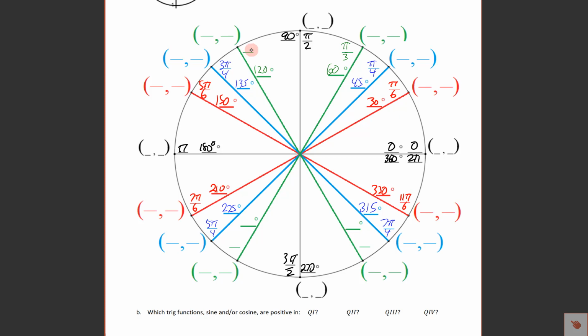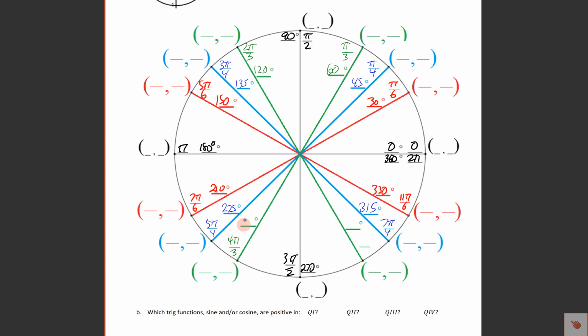120 degrees. Crew. 2 pi thirds. Then we'll come down here. Let's see, it's 1 pi third, 2 pi thirds, 3 pi thirds. Hannah? 4 pi thirds.